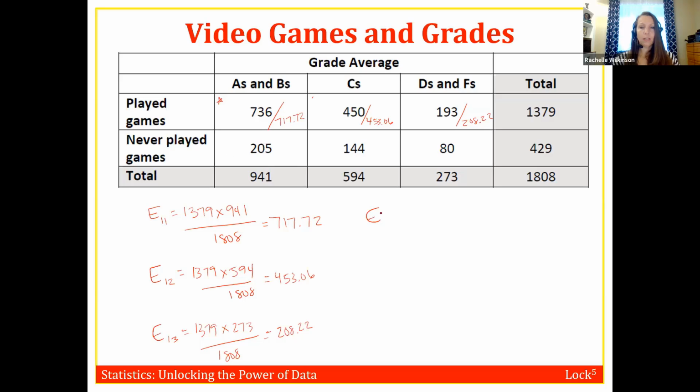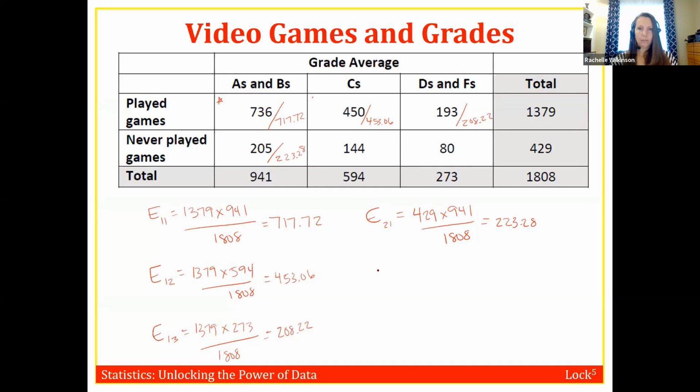So this second one, I call that E21, second row, first column. That would be 429 times 941 divided by 1808. I'm going to do that one, 429 times 941 divided by 1808 gives me 223.28.